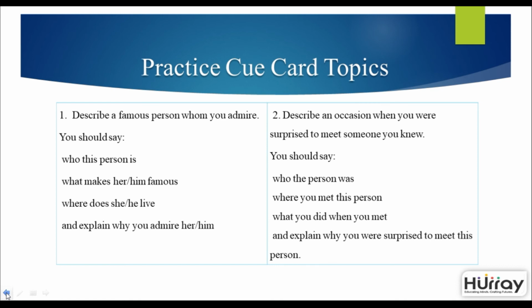The second topic could be describe an occasion when you were surprised to meet someone you knew. You should say who the person was, where you met this person, what you did when you met, and explain why you were surprised to meet this person.